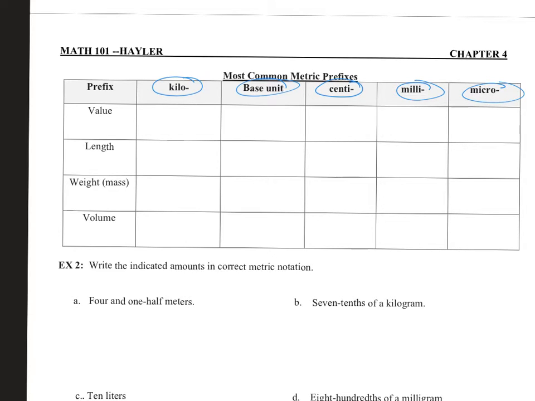If we have a base unit, for example 1, kilo would be times 1,000 of our base unit. Centi would be dividing it by 100. Milli would be dividing that base unit by 1,000. And micro would be dividing it by 1,000,000.